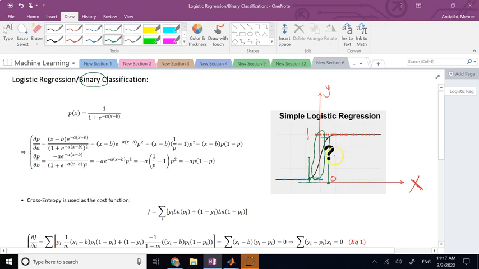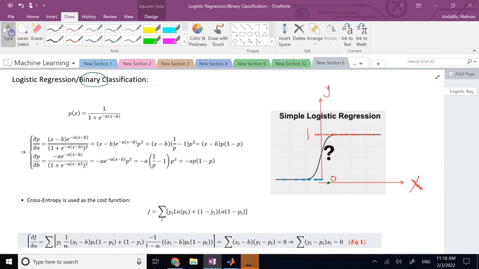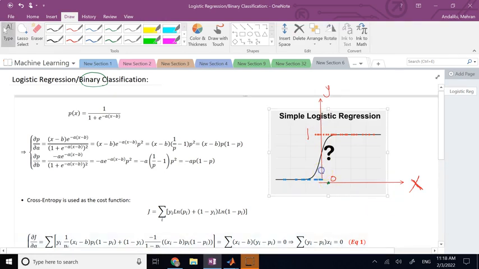And the way you can do the classification is to compare the output at the test input against half, which is exactly halfway between 0 and 1, right? So say if this output is bigger than half, you can call it 1, and if this output is less than half, you can call it a 0.